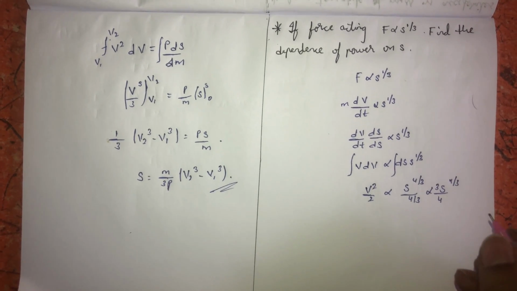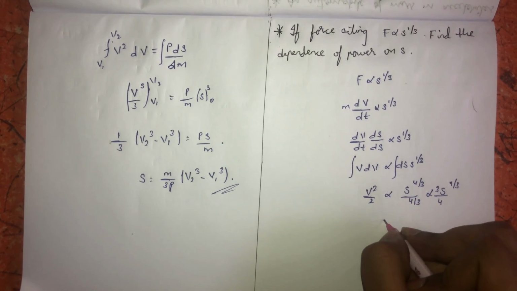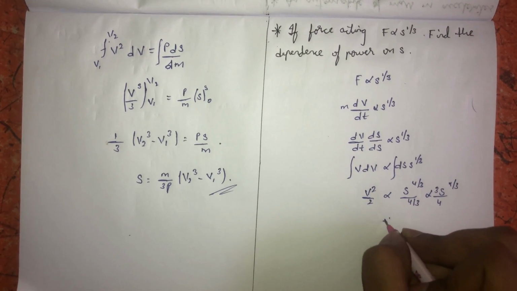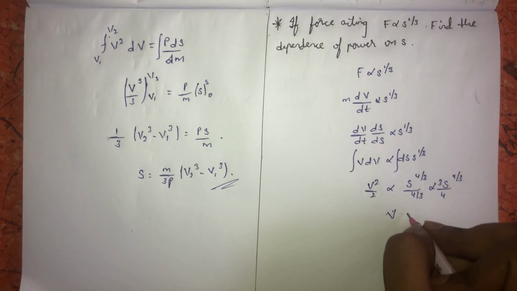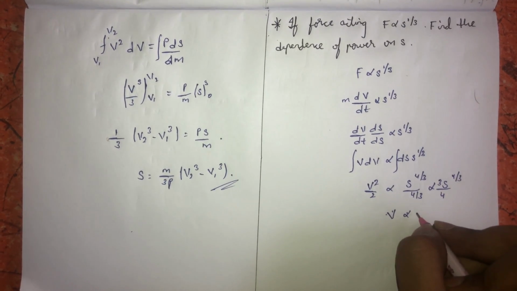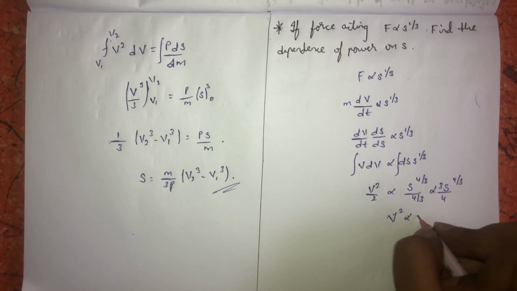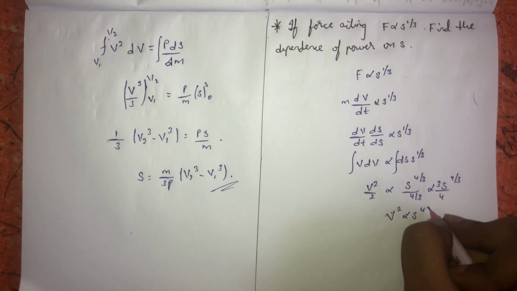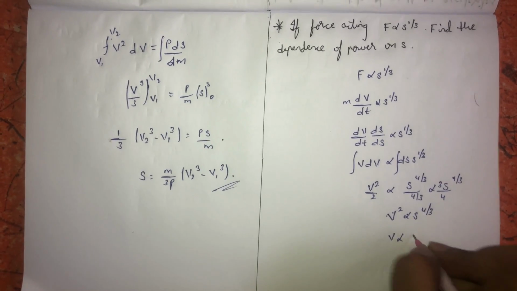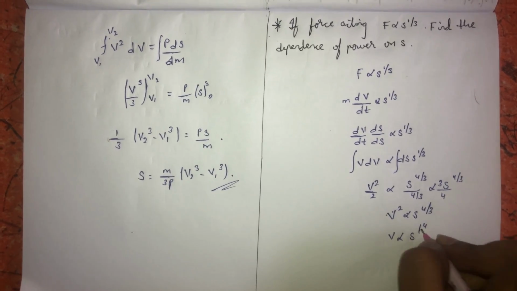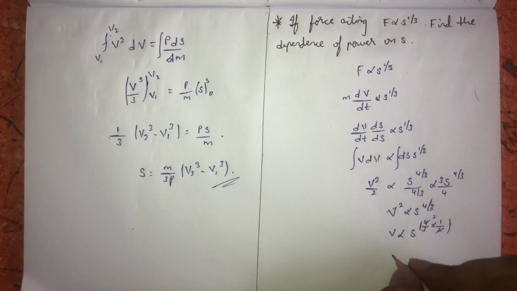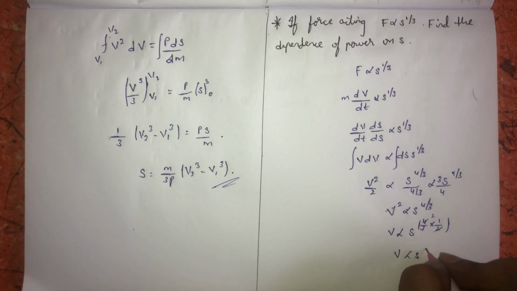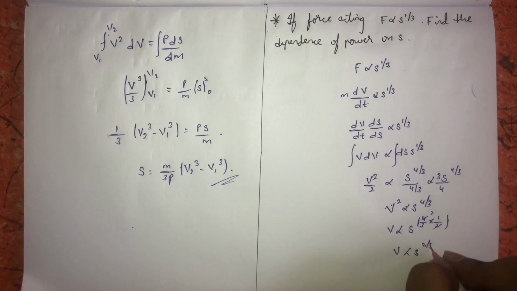So v squared is proportional to S^(4/3), then v will be proportional to S^(4/3 times 1/2), that is S^(2/3). So velocity is directly proportional to S to the power of 2/3.